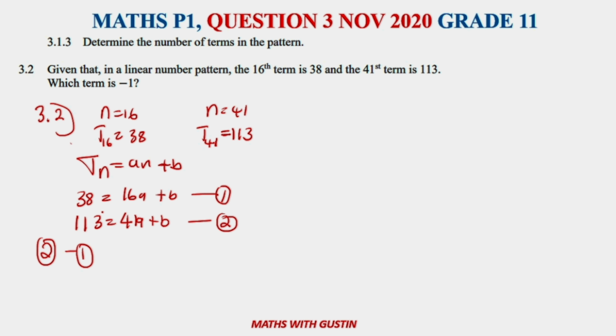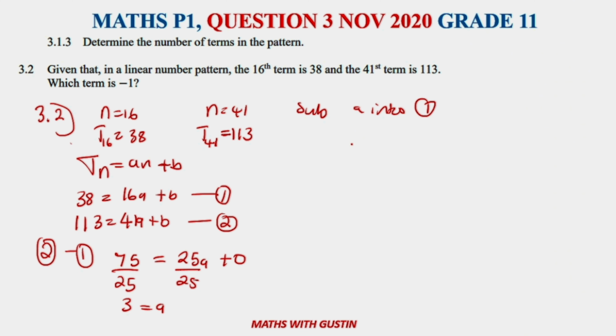You are going to have 75, based on my calculator, is equal to 25a, then b minus b will be 0. So divide everything by 25 in order to get the value of a, which is going to give us 3. Therefore a is equal to 3. Then you can substitute a into equation 1 in order to get b.